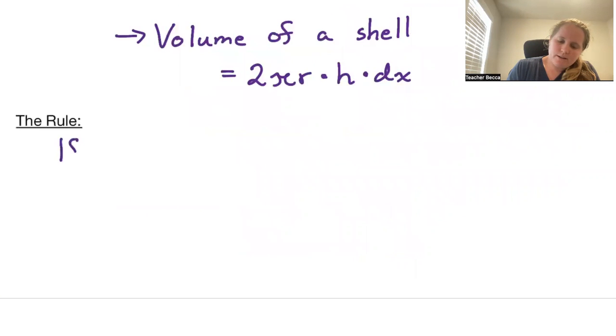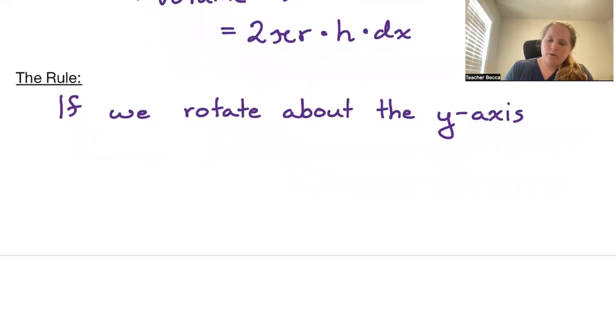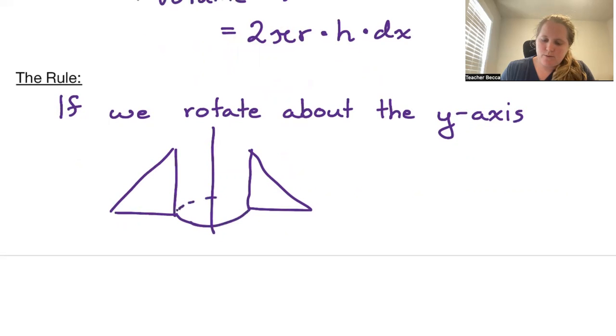So if we rotate about the y-axis, then we are looking at some sort of shape. I'm just drawing a right triangle and rotating about the y-axis in such a way that we will have a hole.